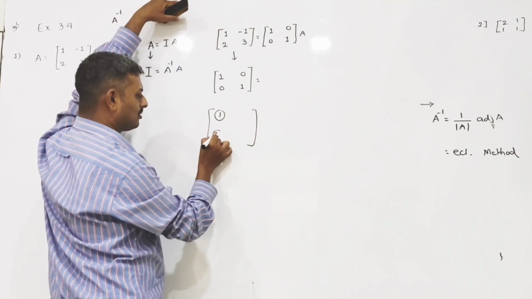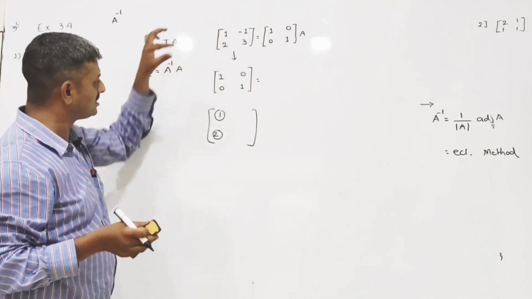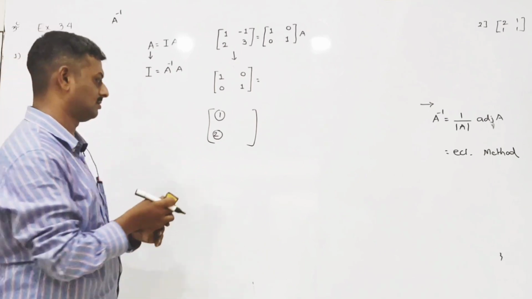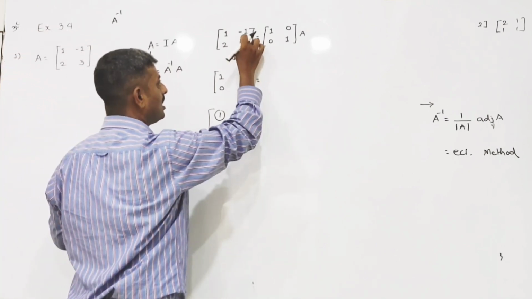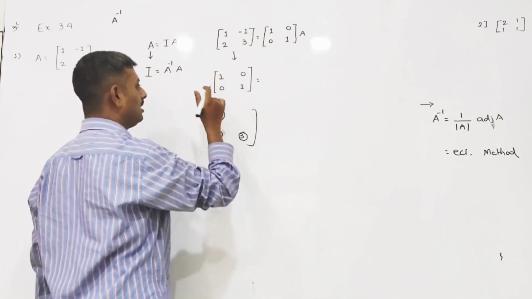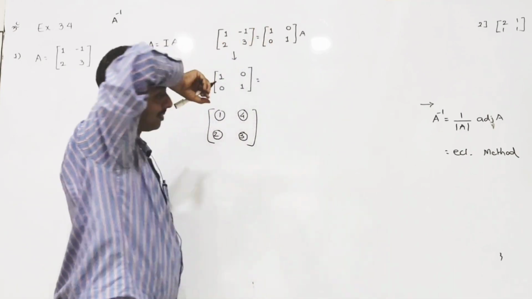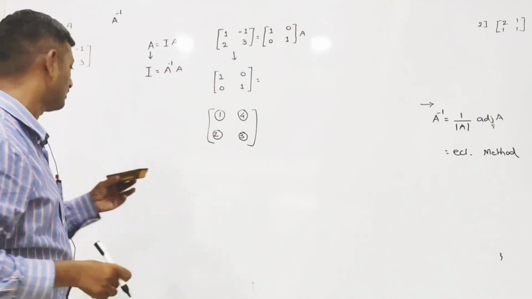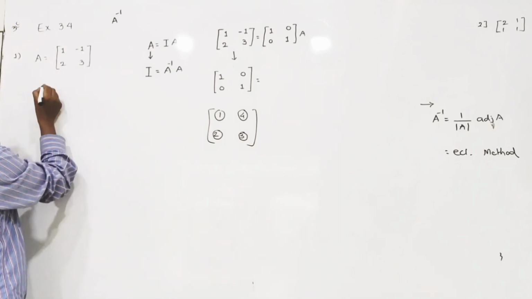In the second step, these elements will become 0. The third step is where I make this 1. And the fourth step is where I make this 0. Now we will do it, so just keep it in mind.